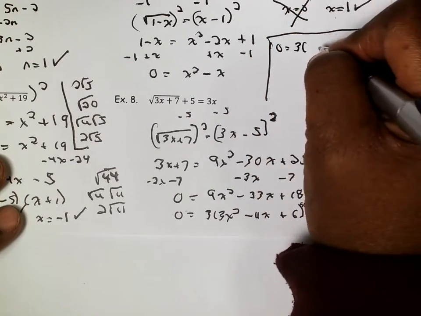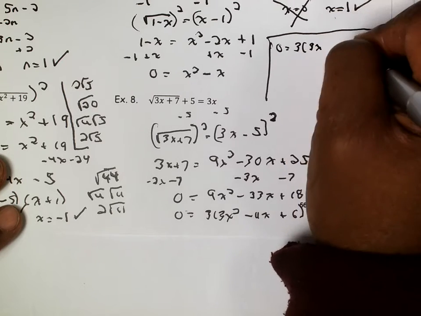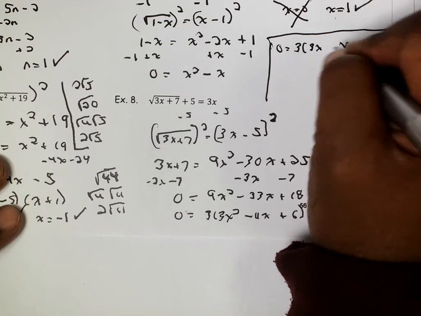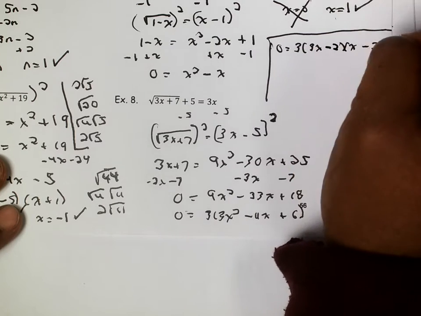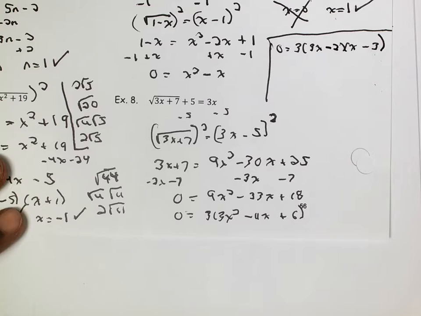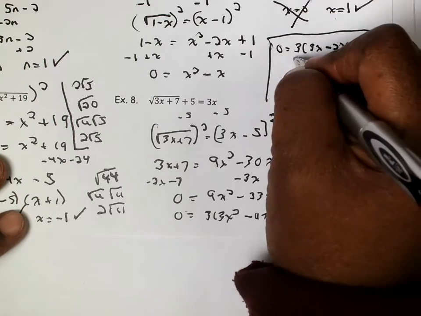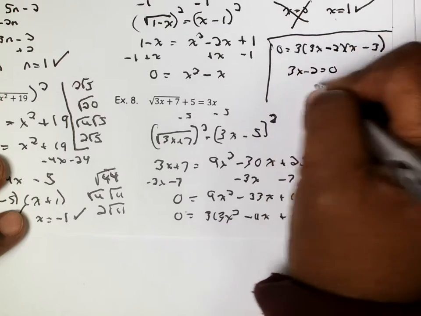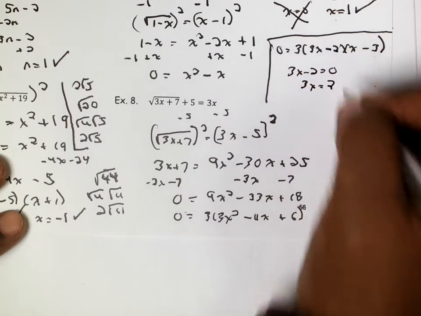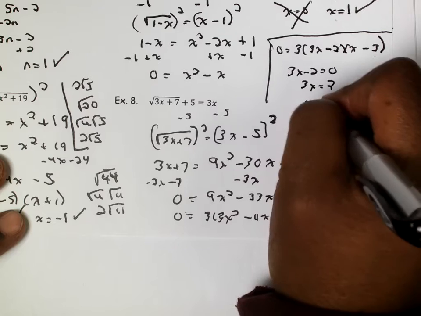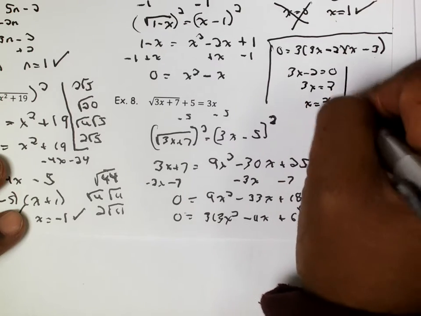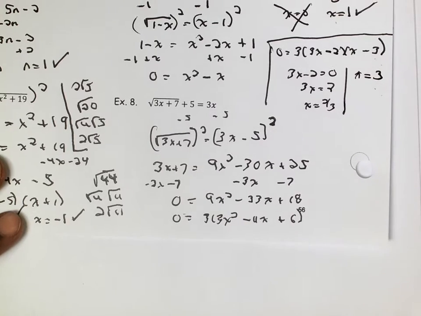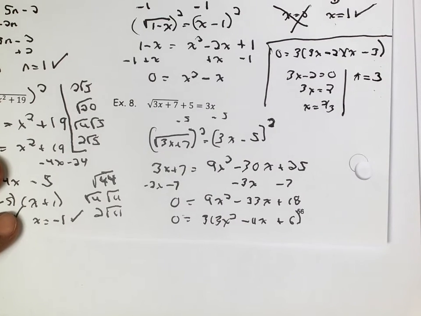So 3x and x, and then we need 9 and 2. So 3x minus 2 times x minus 3. I can't make 3 equal 0, so that one's irrelevant. I can set 3x minus 2 equal to 0. So I get 2/3, and then the other one, when you set that equal to 0, we get a positive 3. So 2/3 and 3.